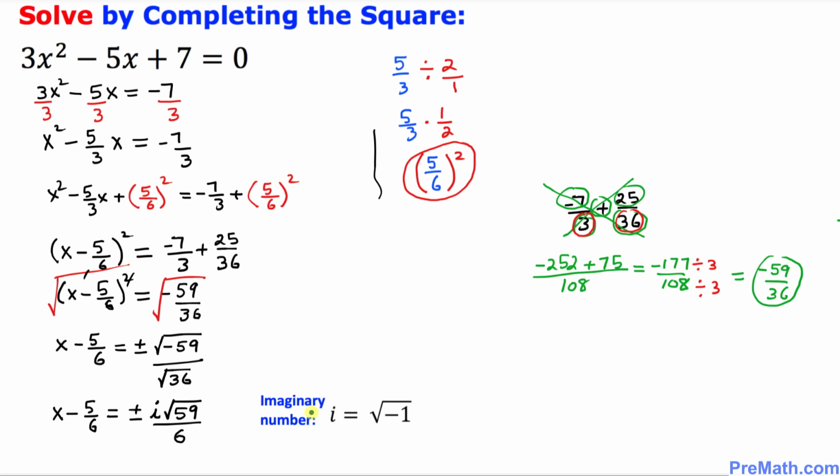And once again, this imaginary number i is always equal to square root of negative 1, and this i could also be called iota. Just keep that in mind.